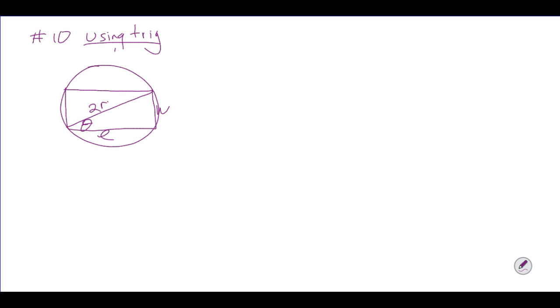Okay, so we go back here and we say, well, area is length times width. And we go over here and we say, but sine theta is equal to W over 2r. So W is equal to 2r sine theta. Remember, r is a constant. So 2r is like having the number 20 there, right, or something else.